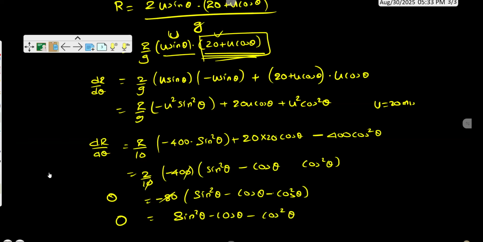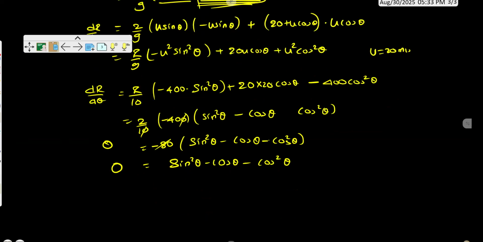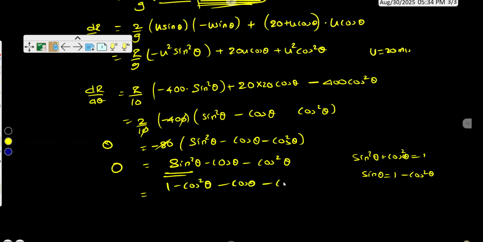Now, sine square theta plus cos square theta is equal to 1, so sine square theta is equal to 1 minus cos square theta. So we can write 1 minus cos square theta minus cos theta minus cos square theta is equal to 0.